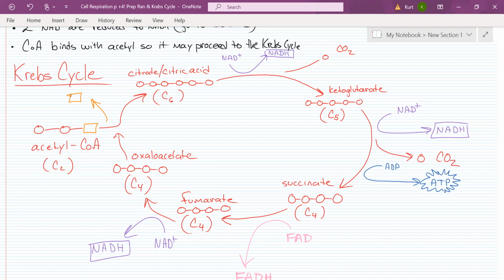But this is the Krebs cycle. So let's get some writing in here, and then we'll get some inputs and outputs, and then that will be it.